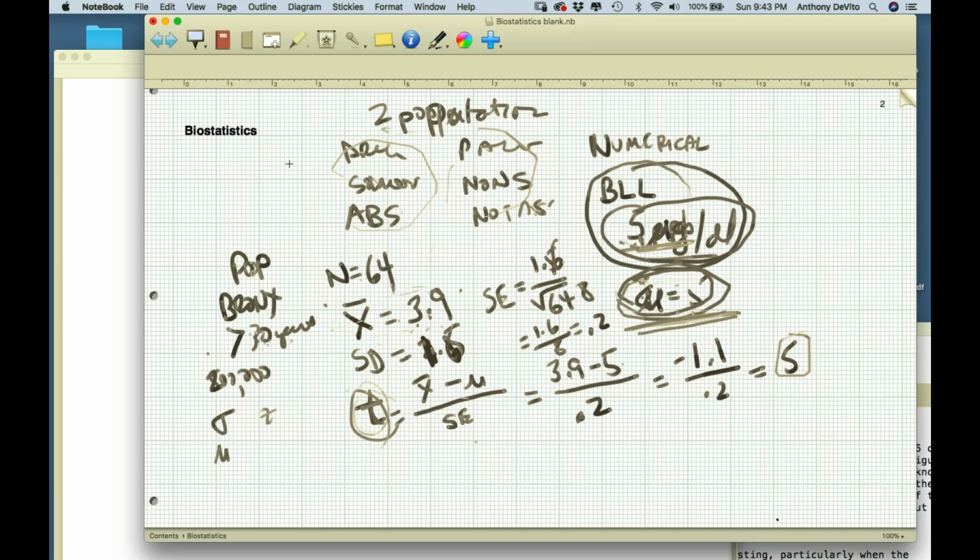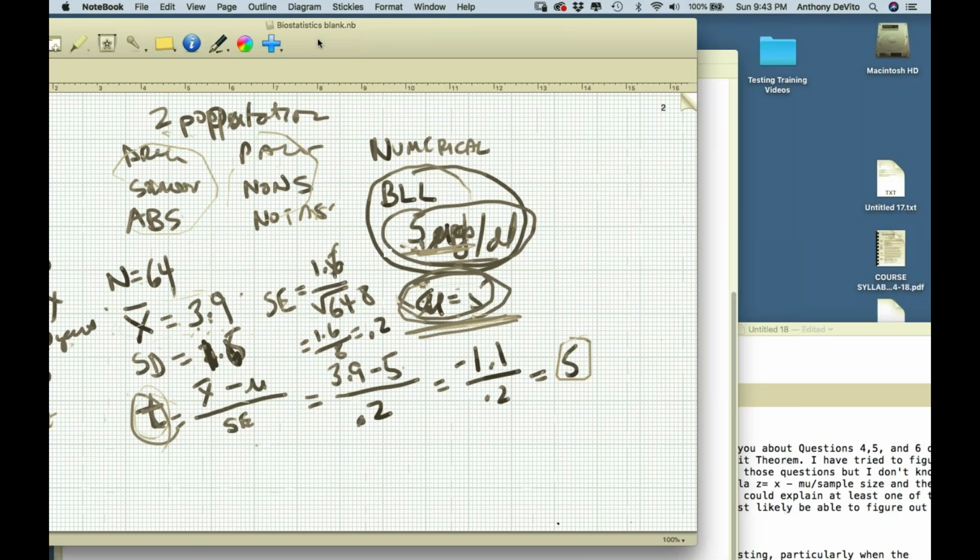So let's see, what did I get? My critical value of t was 2. What I actually got was, let me click back in here, what I actually got was 5. So this number is greater than my critical value of t.